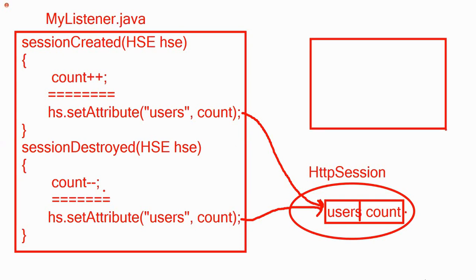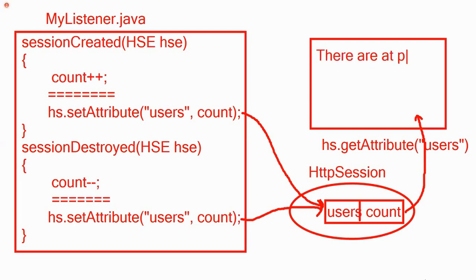Here get attribute. HS dot get attribute, users. Then we'll get the count. The count comes here. There are at present count users accessing this server.